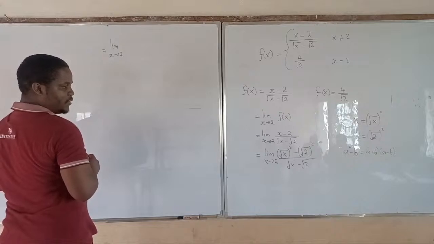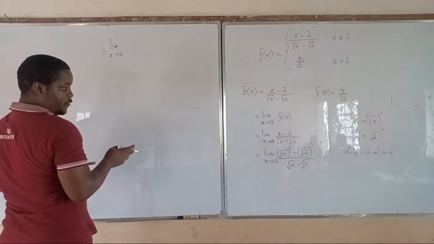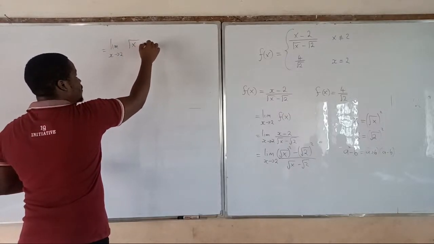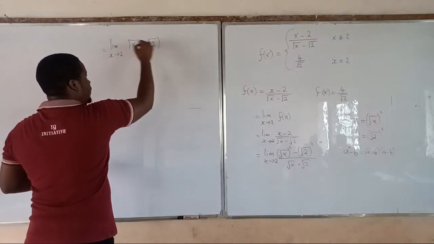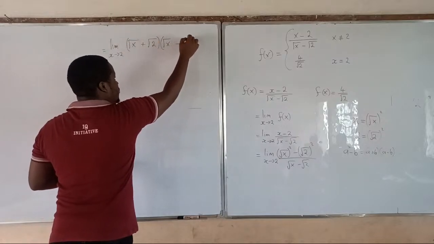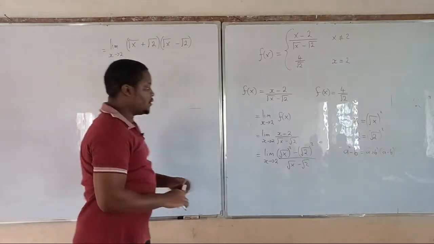Not x. Square root of x, right? So it will be square root of x plus square root of 2, in brackets, times square root of x minus square root of 2. Remember, it's the whole bracket.